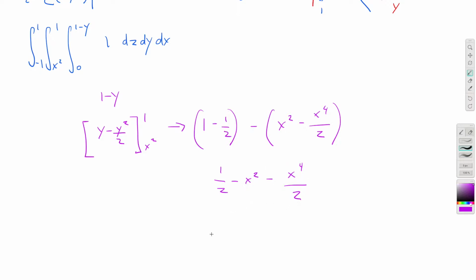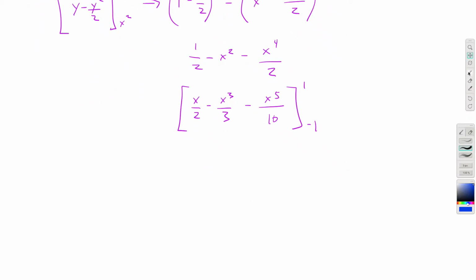Then you integrate this with respect to x, and you're going to get x on 2 minus x on 3 minus x on 5 on 10. And you're doing this between 1 and negative 1. Let's change color. Subbing out points, you're going to get 1/2 minus 1/3 minus 1 on 10 minus 1 on 2 plus 1 on 3, because when you cube a negative, you keep the negative, and then there's negative out the front, so it becomes positive. And then the same thing here, you're going to get plus 1 on 5.